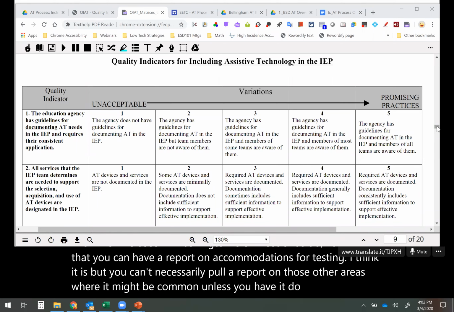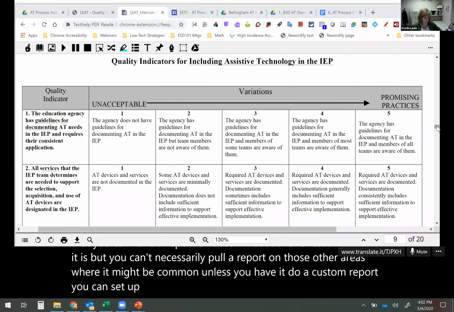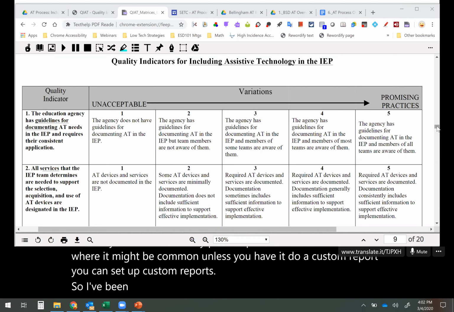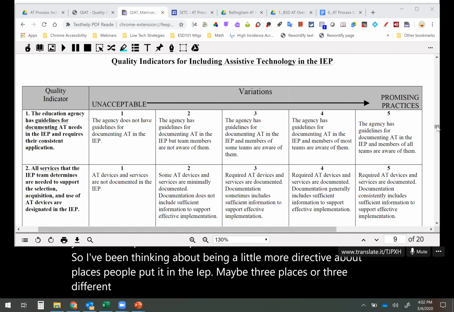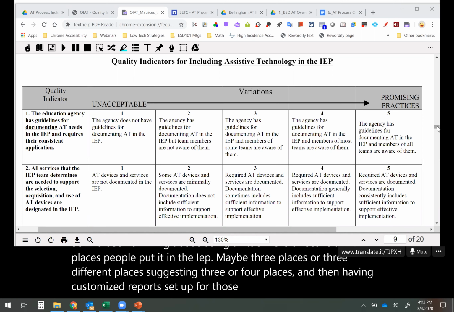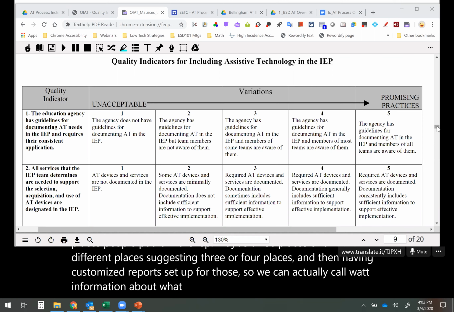You can set up custom reports, I guess. So I've been thinking about being a little more directive about places people put it in the IEP, suggesting 3 or 4 places, and then having customized reports set up for those so we can actually pull how many kids are using what.